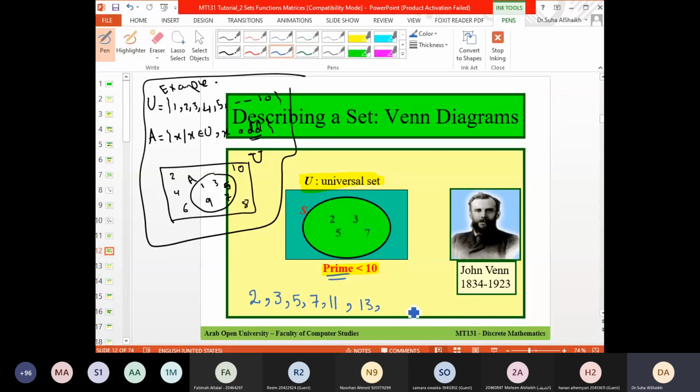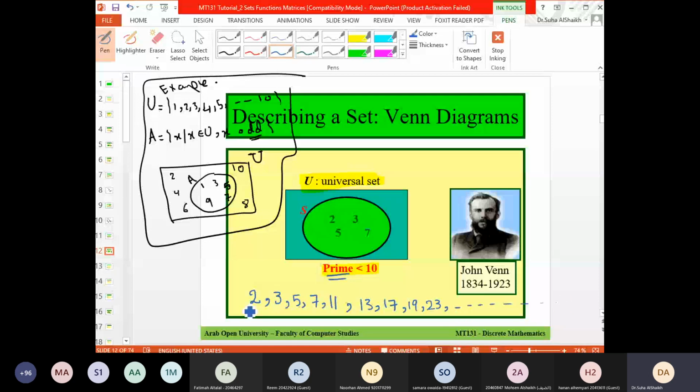13 is a prime. Great. What else? 17 is a prime. 19. 22, no, 22 is divisible by 11. 21 is divisible by 3 and 7. 23. And so on.